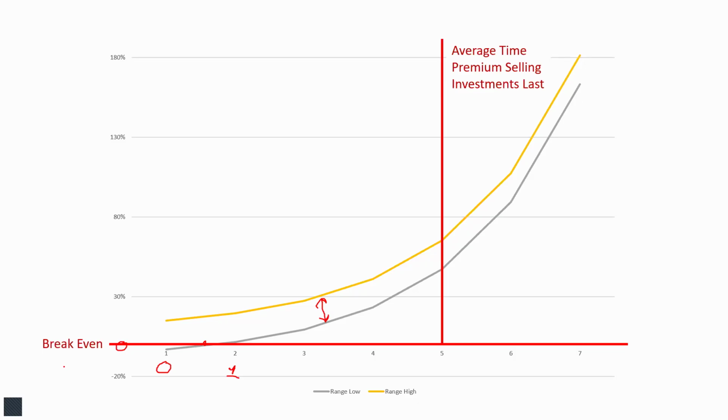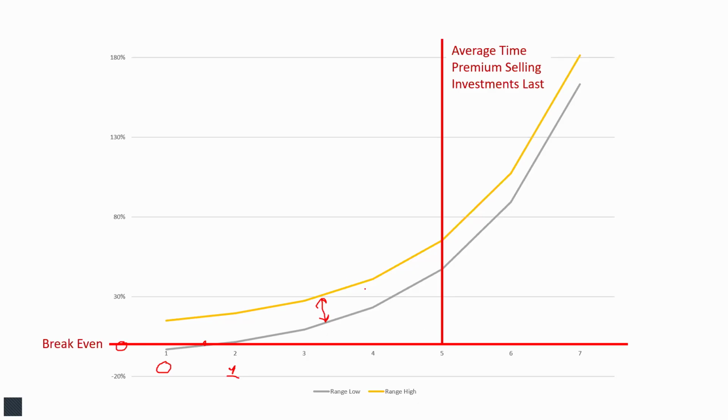Because as you can see here, and as you can see from the example of my program participant this afternoon, we stayed in the trade for about 1 month, right? From when we opened it up in November to December. And at that point, the trade now becomes risk-free.